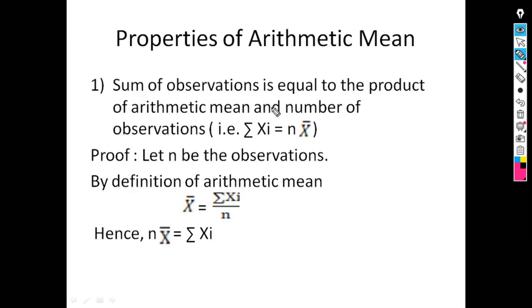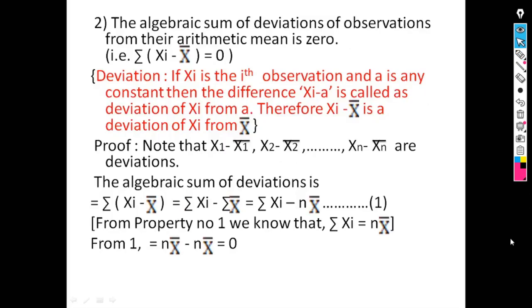That is, the sum of observations is equal to the product of the arithmetic mean, x bar, and the number of observations, n, which is proved.